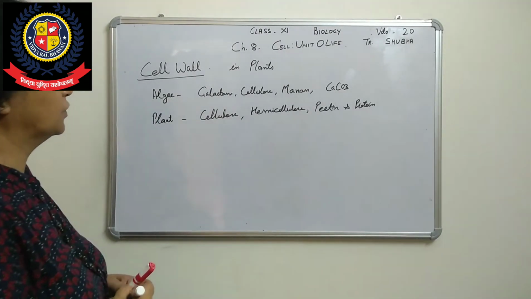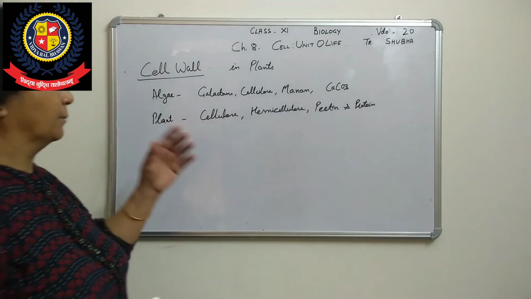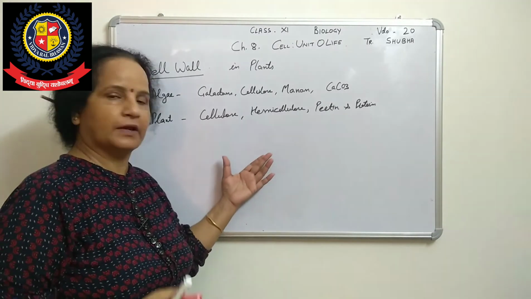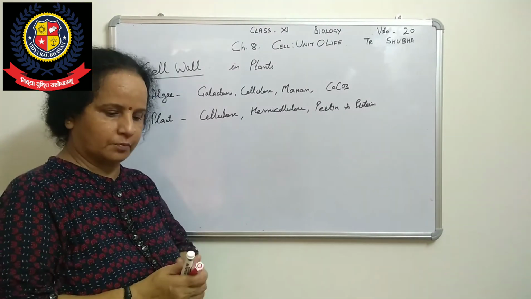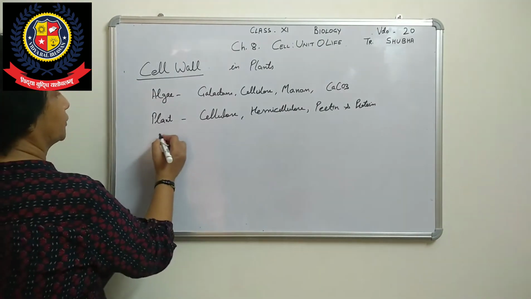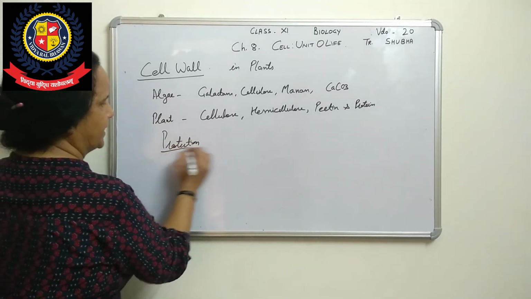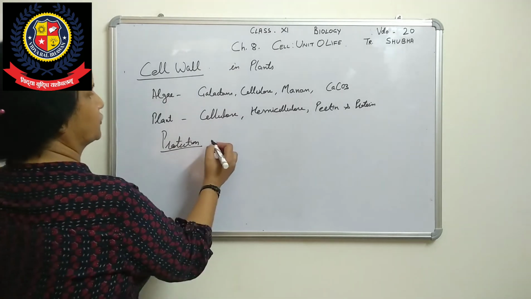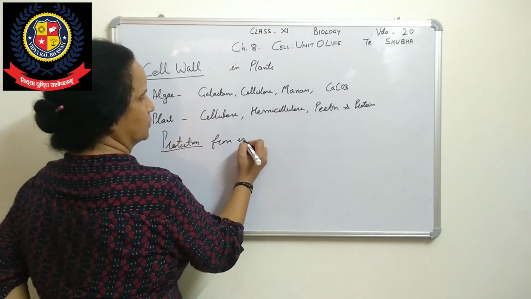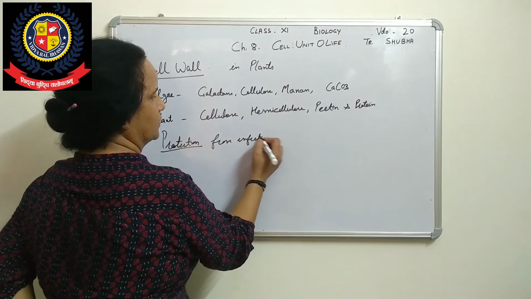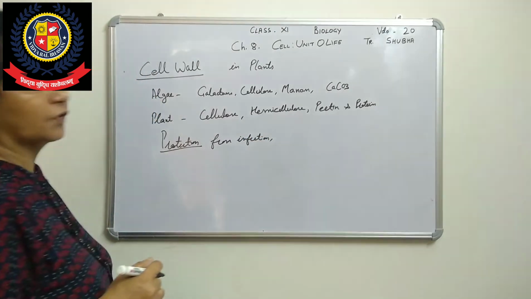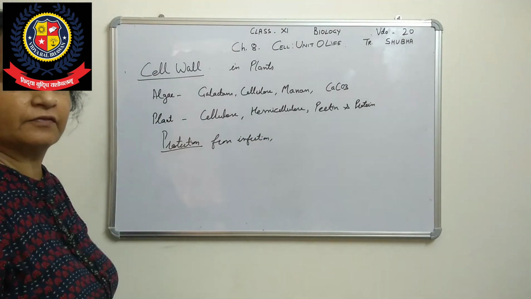Now what is the main function of the cell wall? Protection. It will protect from enemies, and from infection also. Because of the cell wall, the plant cell has a definite shape.